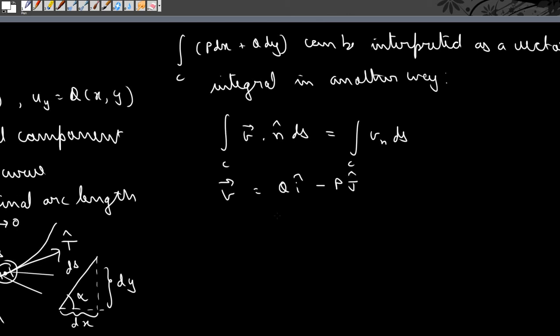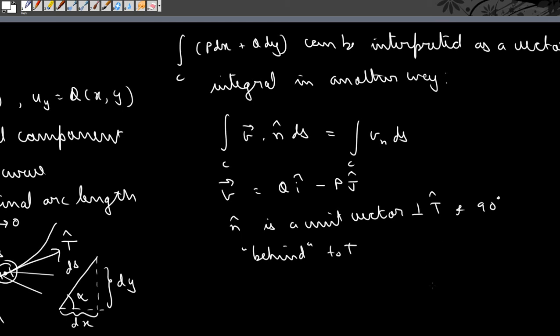Okay, and n hat is a unit vector perpendicular to the unit vector t and 90 degrees behind t. What I mean by 90 degrees behind t is that if we have our curve like this and t hat like this, then n hat is 90 degrees clockwise.